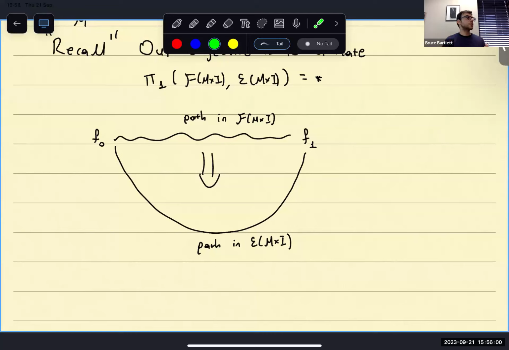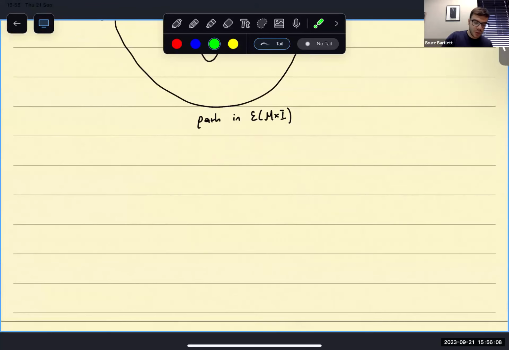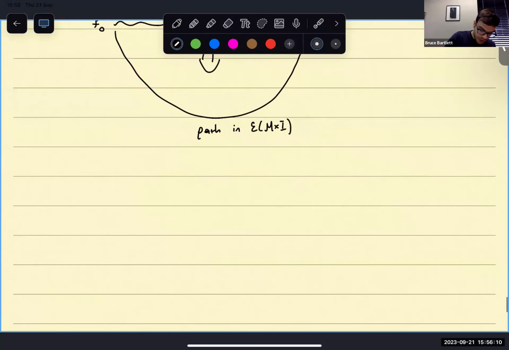So I can always find a Cerf path that goes from f0 to f1. If f0 has no critical points, its Morse graphic would look like that. It's going to have no critical values. For f1, its Morse graphic is going to look like that. It's going to have no critical values.